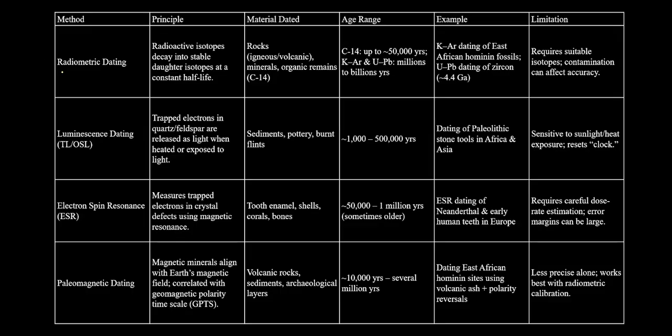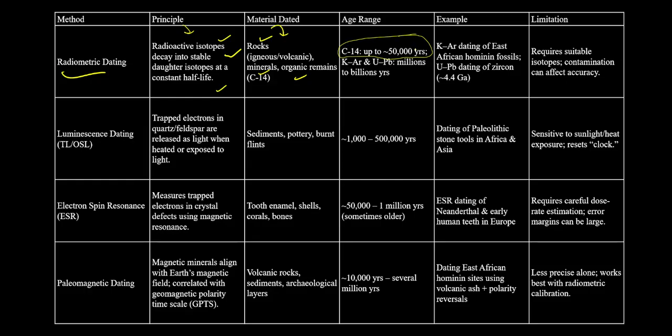The first is radiometric dating. Its principle is radioactive isotopes decay into stable daughter isotopes at a constant half-life. Okay, material dated by this method is rocks, basically minerals, and organic remains like C14. Okay, this method is used for the age range of up to 50,000 years.